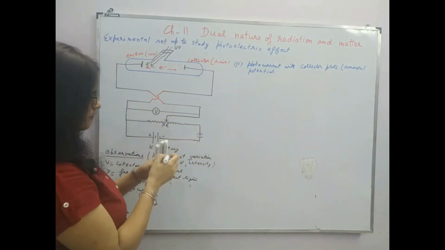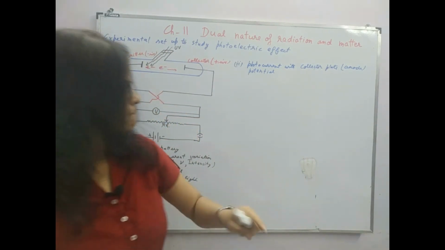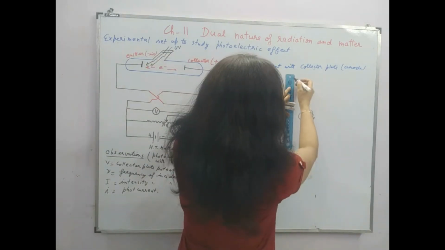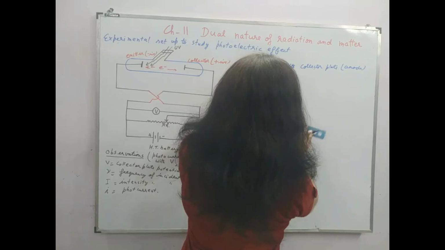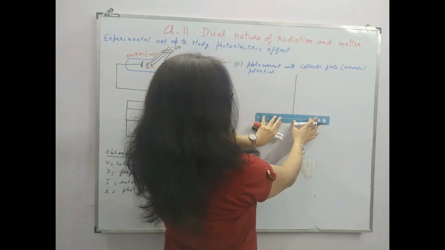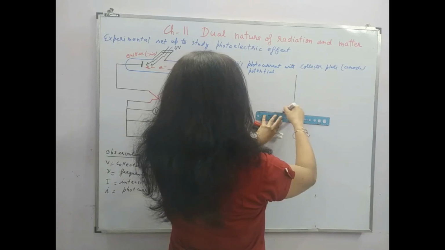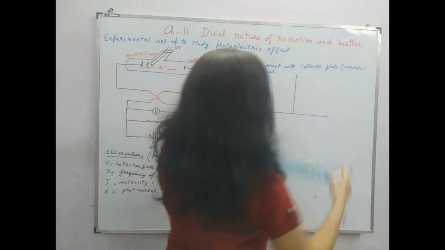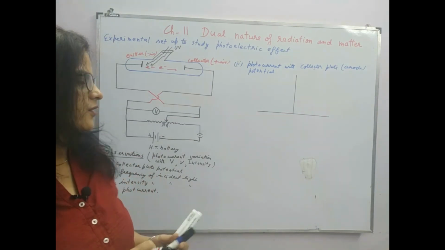So this graph is like this. We have made an arrangement in this experimental setup to change the polarity of the battery. So here one concept of stopping potential and threshold frequency is also there, which I'll let you know.